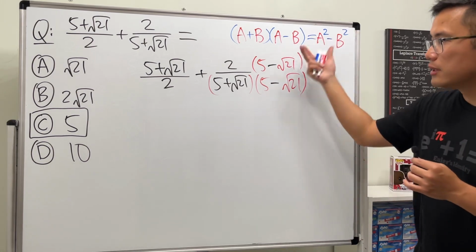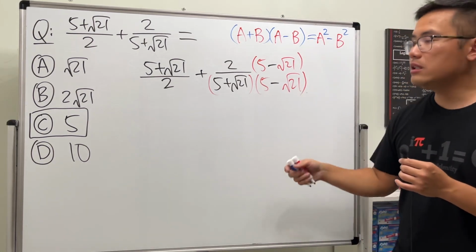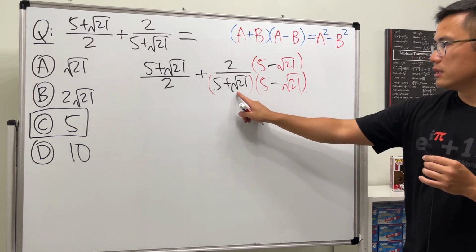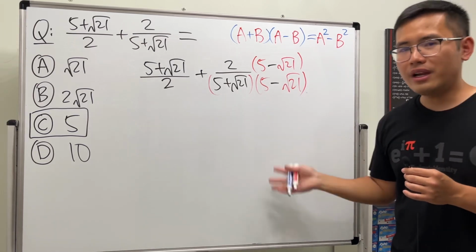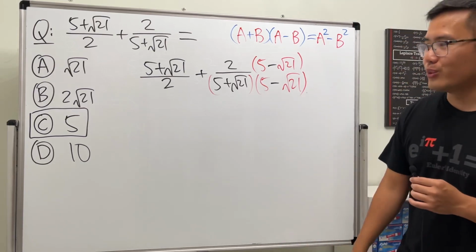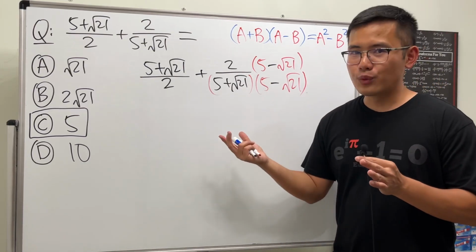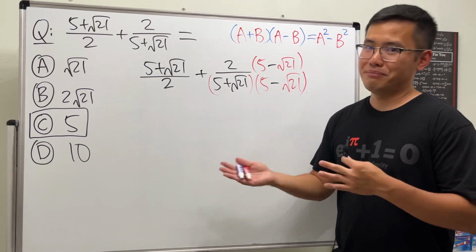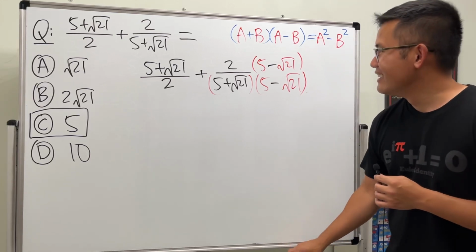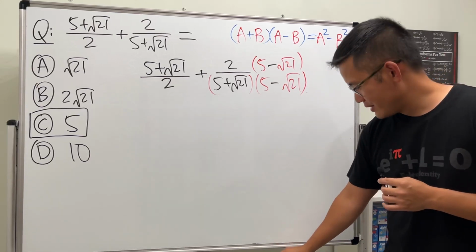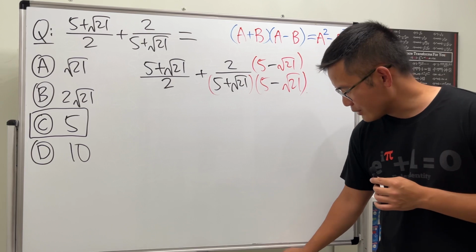Yeah, so this is the reason for the conjugate. And we see, if we square the square root of 21, square and square root cancel, no more square root. And the 5 didn't have the square root. If you square that, you still wouldn't get the square root. So this is the reason, and now let's just multiply this out.